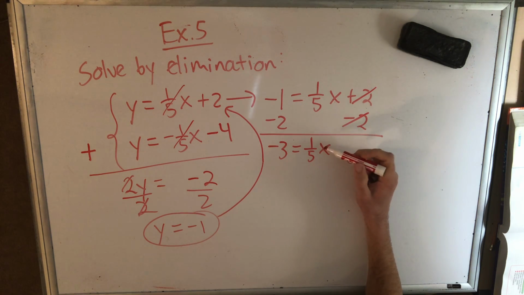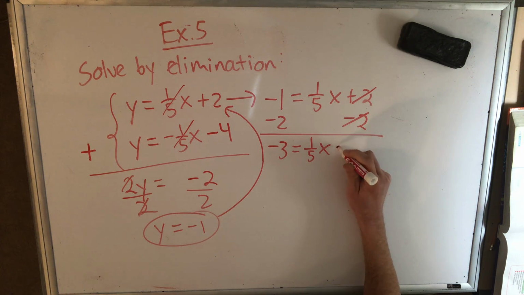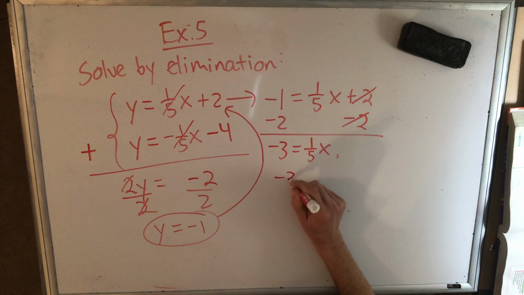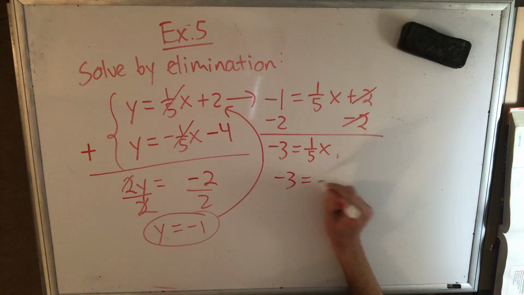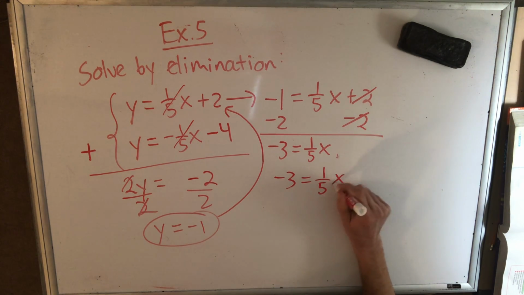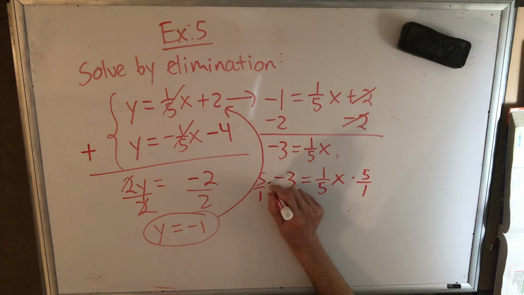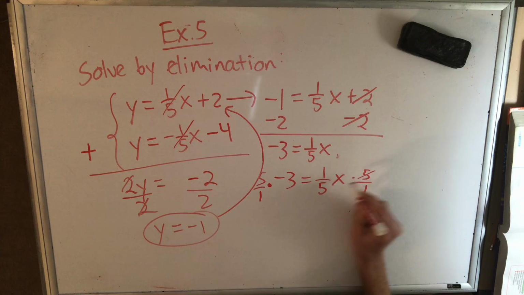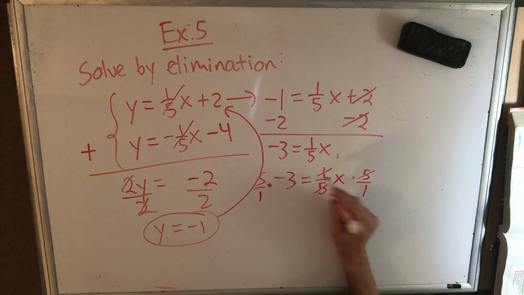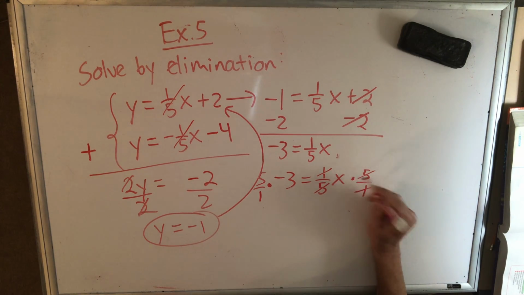To cancel out a fraction that's multiplying a variable, the shortcut is to multiply each side by the reciprocal of the fraction. In other words, the fraction flipped upside down. So 5 on top cancels out with 5 on the bottom, and 1 on top cancels out with 1 on the bottom when multiplying.